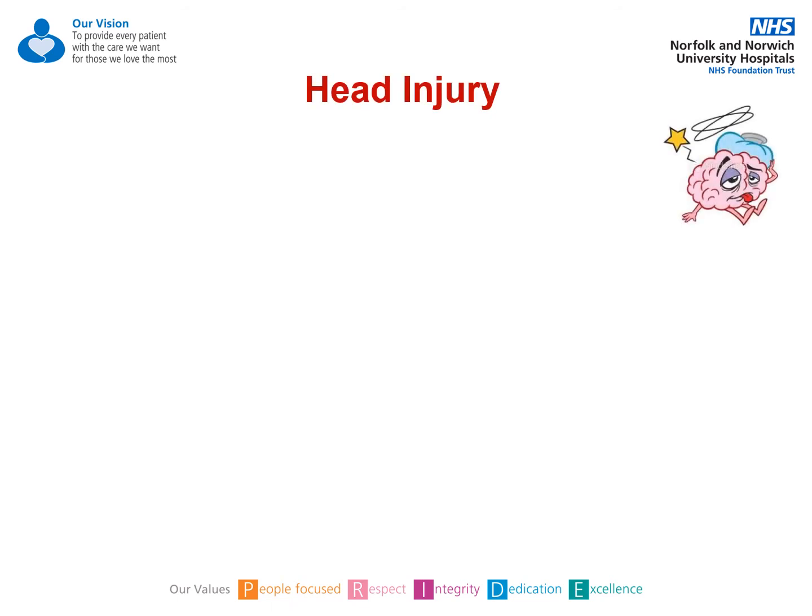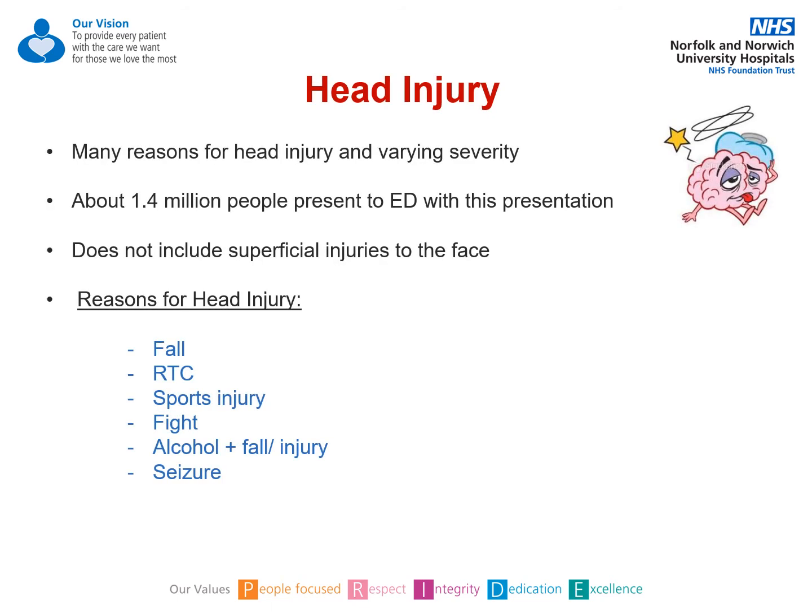So the next presentation is head injuries. There are lots and lots of reasons for head injury, and they vary in severity, on an individual basis. People will still attend through triage, walking through the front door, and roughly 1.4 million people come in with head injury to A&Es across the country every year.